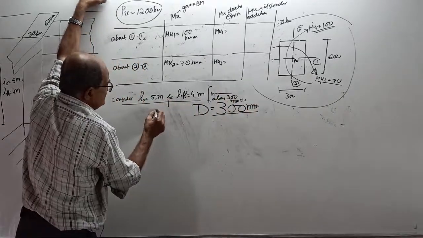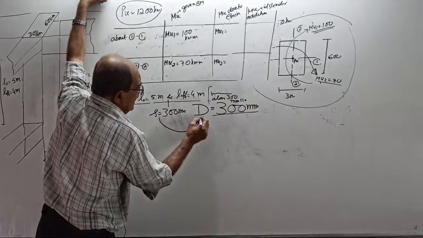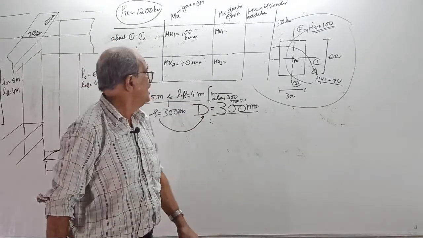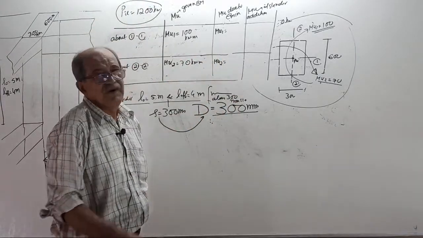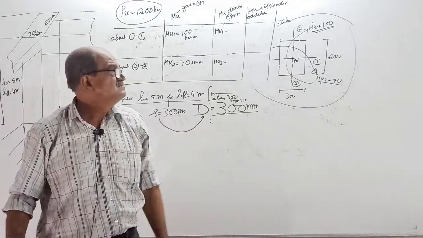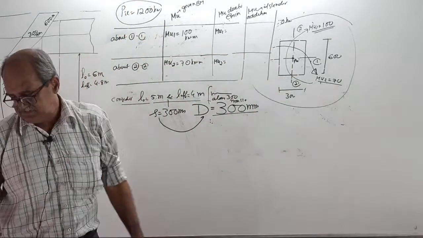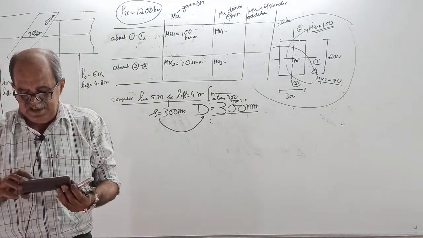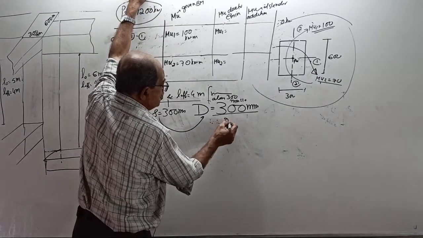So S equal to 300 millimeter, where S is structural depth. Therefore, tell the axis first. When I take structural depth equal to 300, which is the axis? Axis 2. Remember, axis is therefore 2.